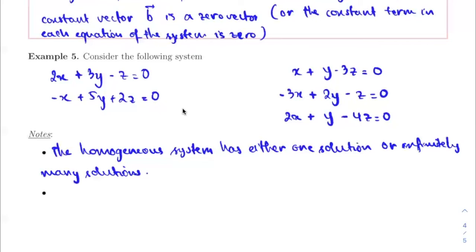So we're not going to show that. It's just a note I want to give you. I want you to know that the homogeneous system is always consistent. So that means it always has either one solution or infinitely many solutions. There is no homogeneous system that has no solutions.